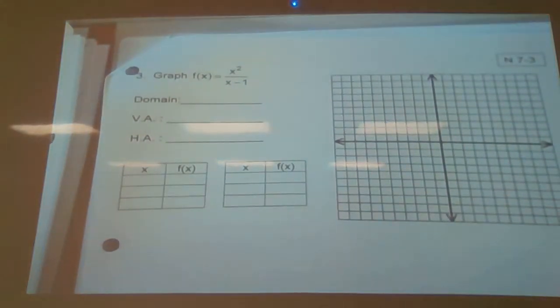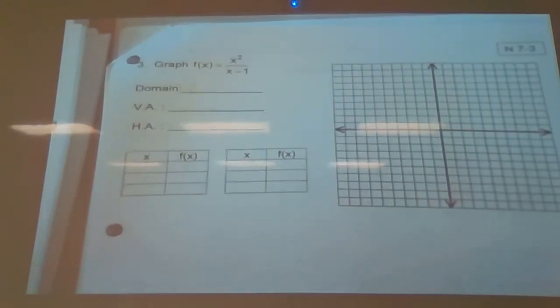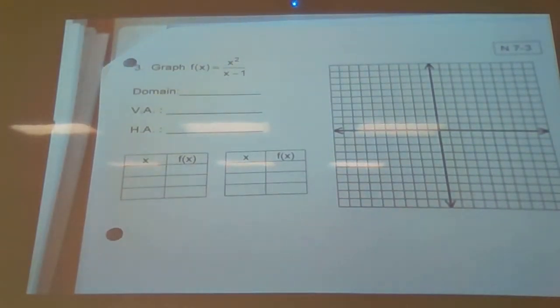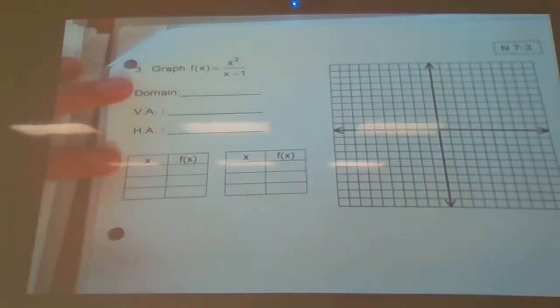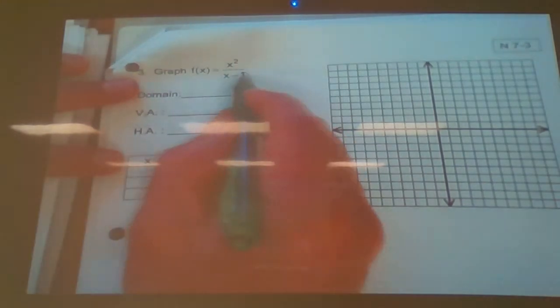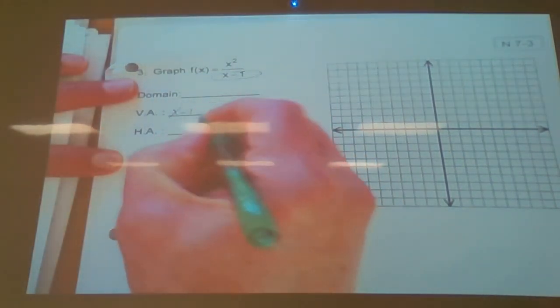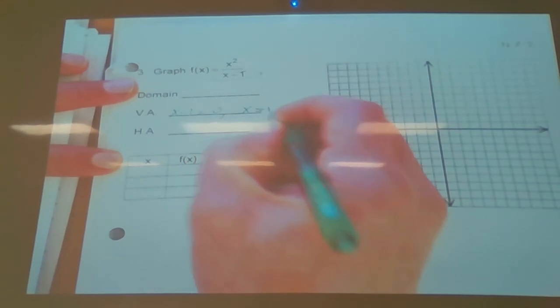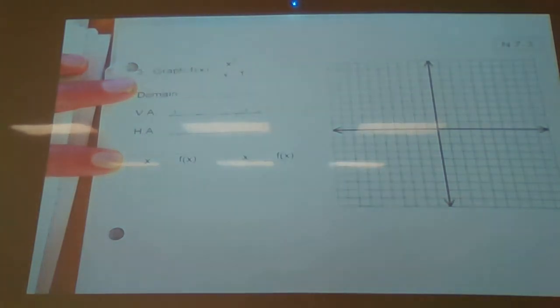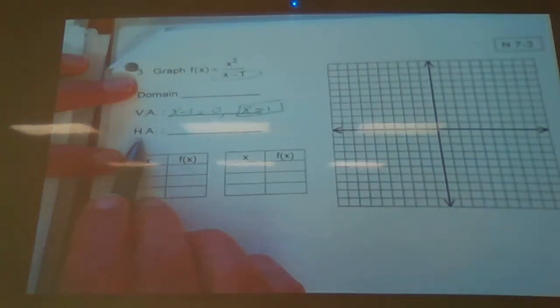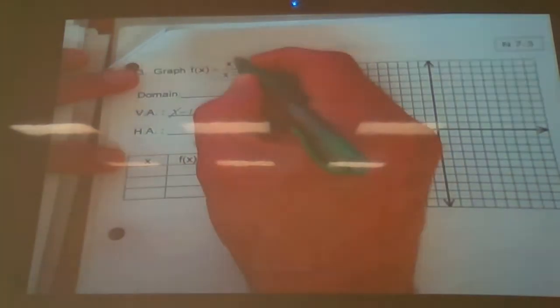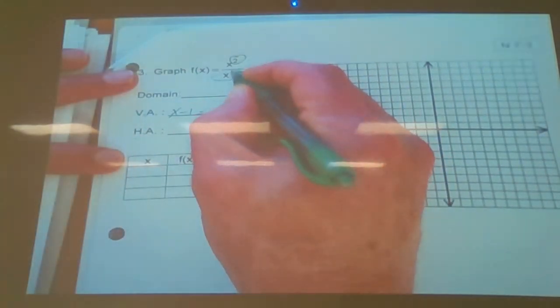We're going to do one more example, and this one here, f of x is equal to x squared over x minus 1. Same start. Always start with the VA. Take the denominator, set it to 0. That will give me x equals 1. For the horizontal asymptote, the highest degree is a 2 on the top. That's a 1.